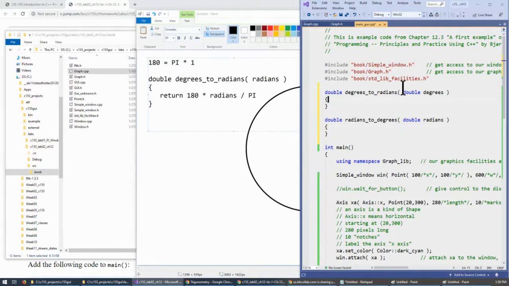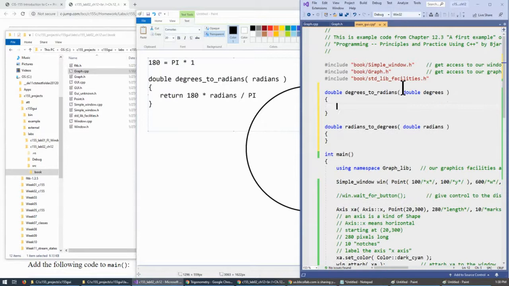Do what we can now. Degrees to radians would take pi times degrees divided by 180.